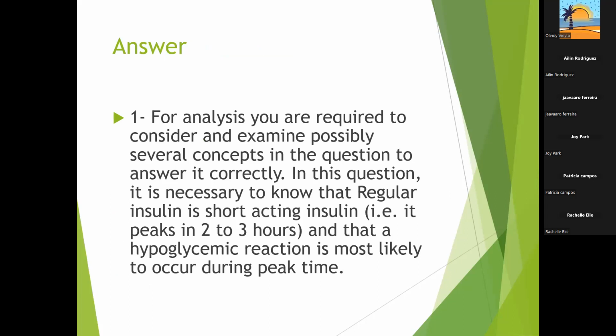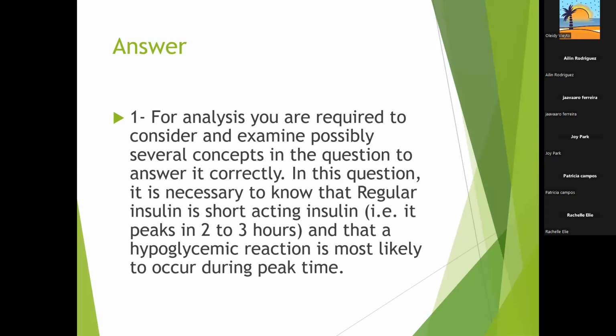Good. Analysis. You're required to consider and examine possibly several concepts in this question to answer it correctly. Okay. In this question, it's necessary to know that regular insulin is short-acting insulin. It peaks in 2 to 3 hours. And that is when you're going to see a hypoglycemic reaction.